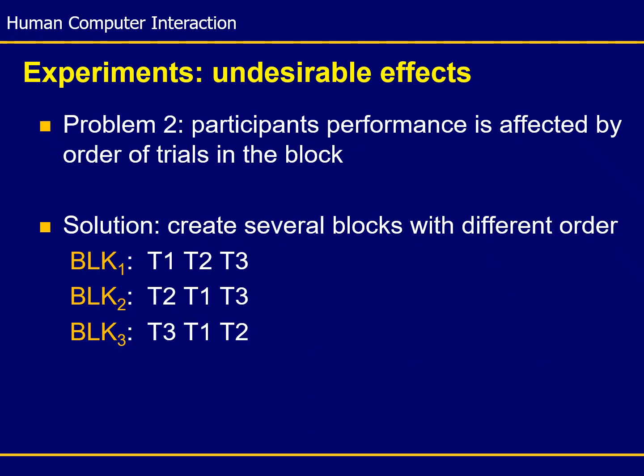The second problem we also need to take care of, and all of these are under the notion of controlling the experiment to avoid confounding hypotheses, is that participant performance is affected by the order of the trials in the block. By accident, you could have ordered the trials in the block so that the first one is either making the users upset or making them too excited. And you don't want either.